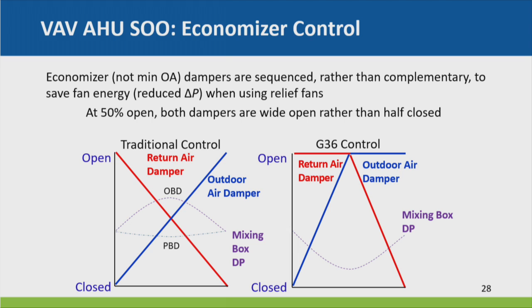We open up, and at the 50% position, they're both wide open instead of both half closed. By doing that, the pressure drop goes way down, and since I have variable speed drives on the fan, I can take advantage of that, and I save energy by doing nothing, really. It's so simple to do this, and it cuts the energy down significantly.